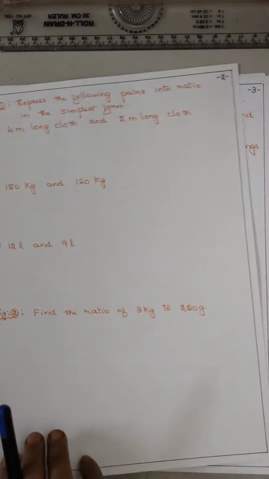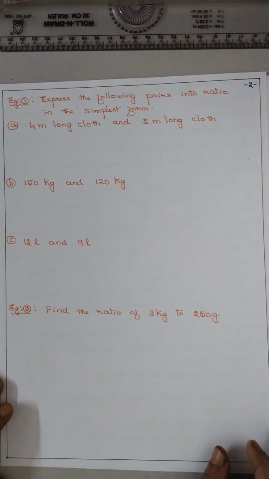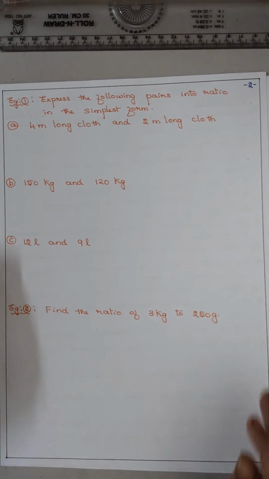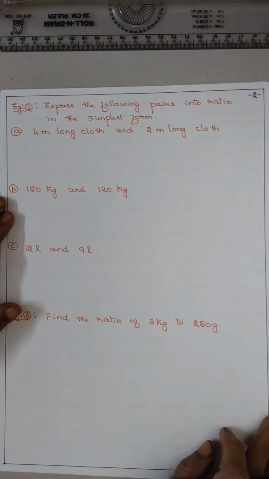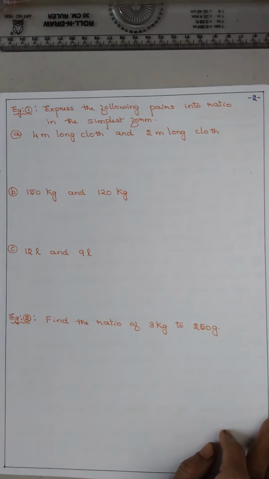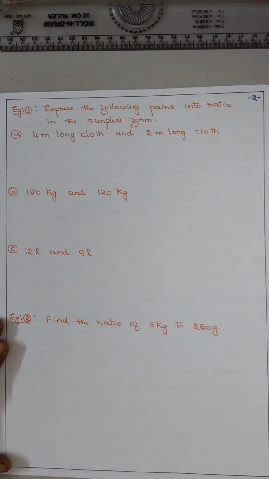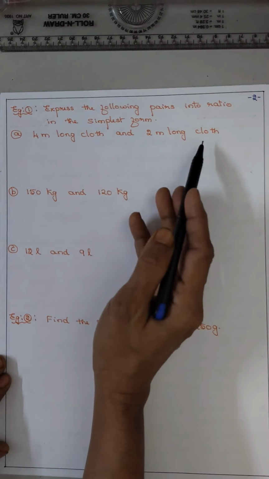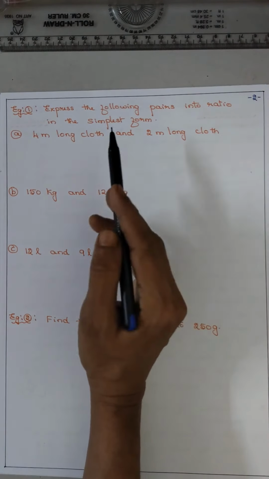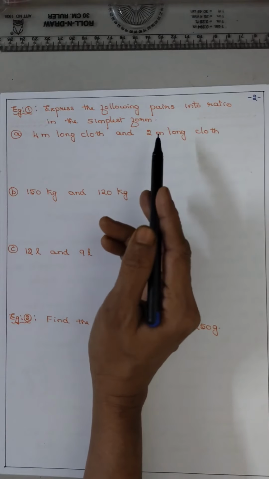Now coming to the example. Example 1. Express the following pairs into ratio in the simplest form. जो भी आपको दिया गया है उसको रेशियो में लिखो and it should be in the simplest form. So it is given the 4 meter long cloth and 2 meter long cloth. दोनों meters में है.